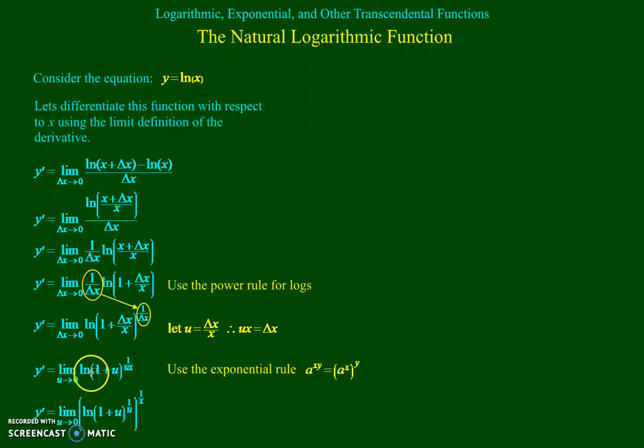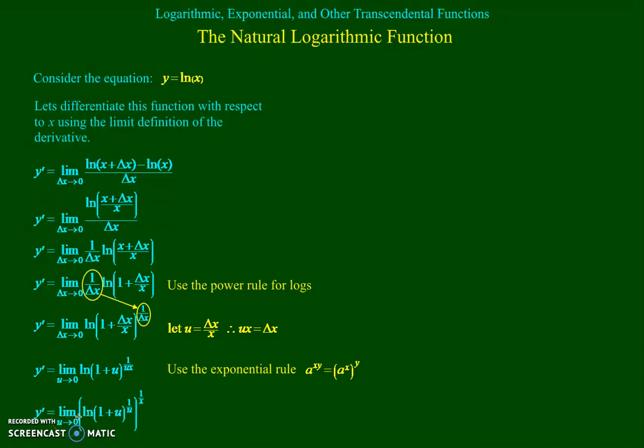Here we have this expression to the 1 over u power, and that whole thing has been raised to the 1 over x power. At this point, we're going to apply a couple of properties. The first one is we're going to use the logarithmic power rule in reverse. So we're going to take this exponent here, and we're going to pull it up front, and then we're going to utilize a property of limits that we've seen in the past.